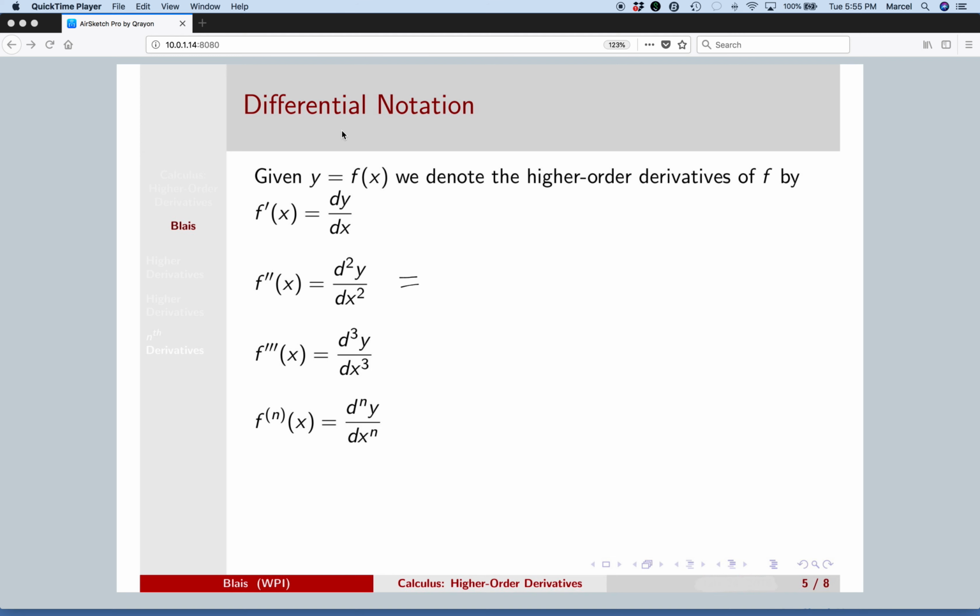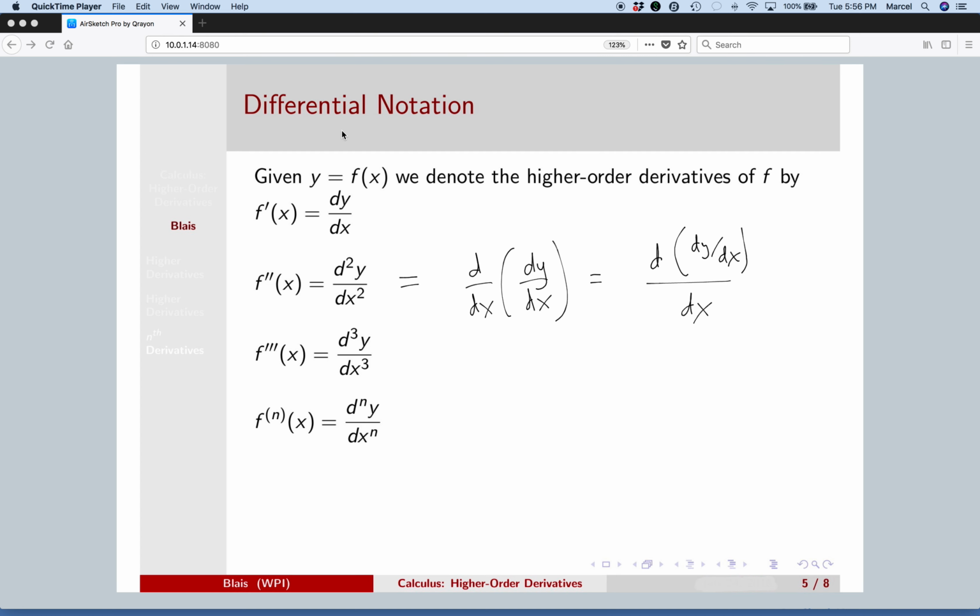This is shorthand for the derivative with respect to x of dy dx. Maybe easier to think of this way. The derivative of the function dy dx with respect to x.